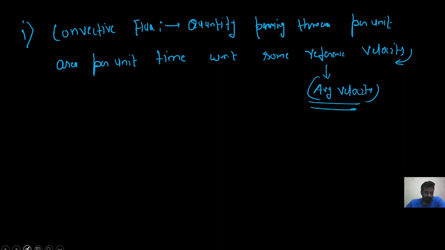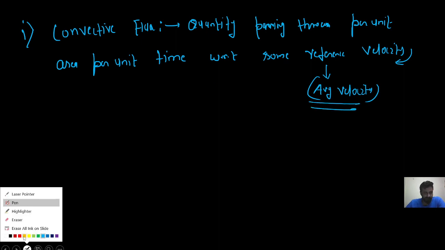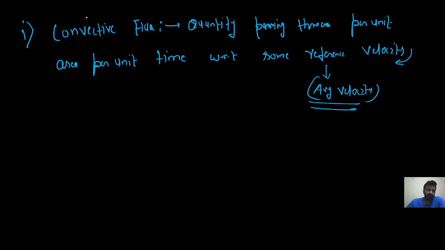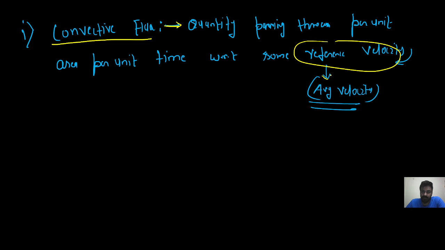It's very important to know that when we define the convective flux, the reference velocity is taken as the average velocity. So if the problem gives the average velocity and asks you to calculate the convective flux, you have to calculate the flux on the basis of that average velocity, which is the reference velocity. Now coming to the next point, the diffusive flux.